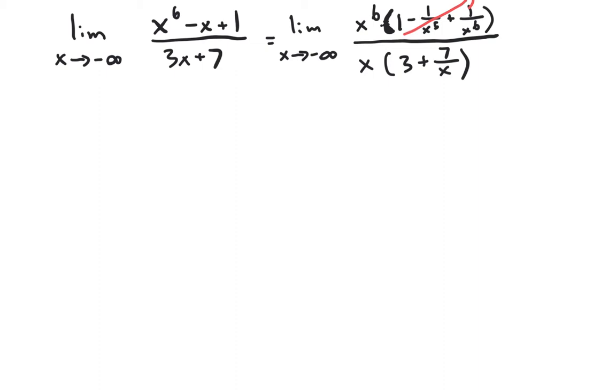And again, it doesn't really matter if x grows infinitely large or infinitely small. In the denominator, the whole thing will approach 0. And same thing down here, same idea. This will approach 3. And we can cancel off our x with one of the x's here.